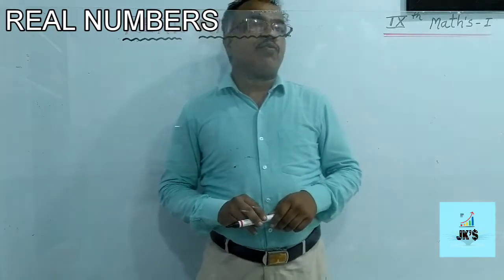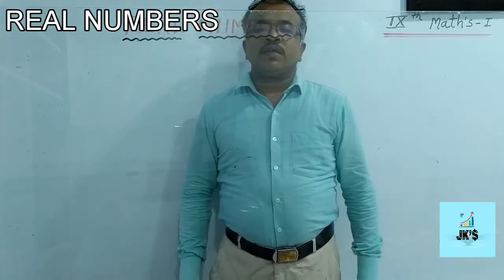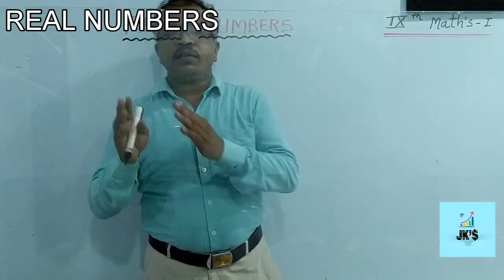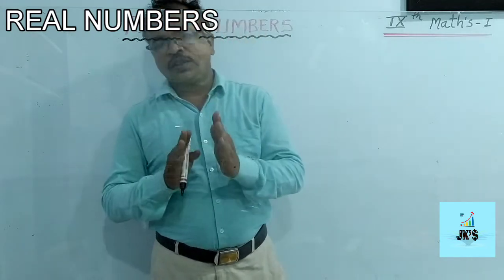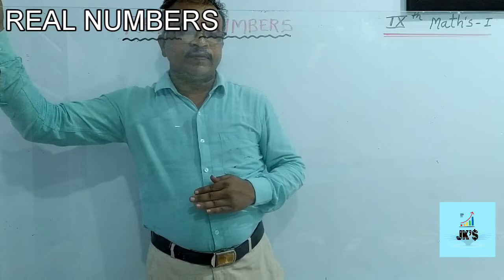That number system is developed step by step. At first, the counting numbers, that is natural numbers, exist. Those start from 1, 2, 3 up to infinity.